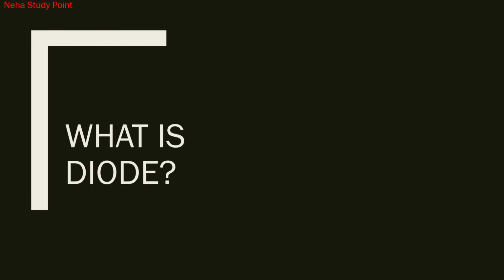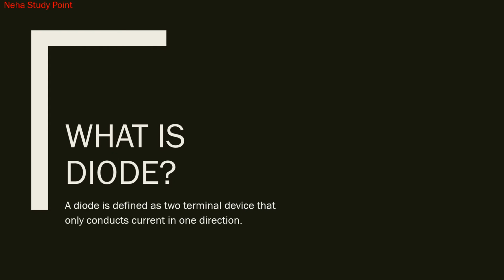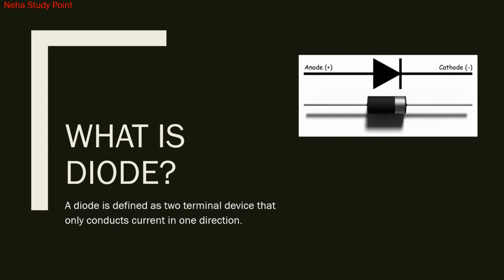So, first of all I want to explain what a diode is. The main thing is that a diode is defined as a two terminal device that only conducts current in one direction.